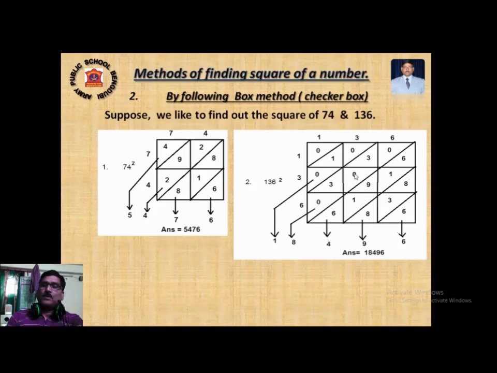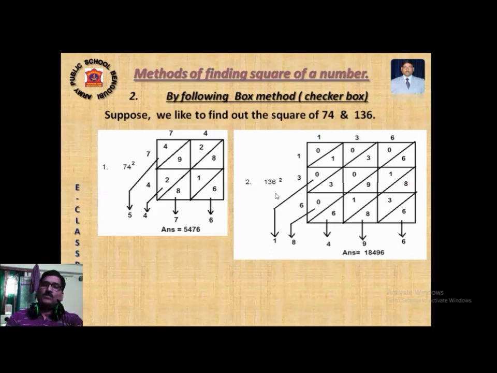Here 2 plus 3 is 5, 5 plus 3 is 8. So here I have written 8, and the sum of this box is 1 only, and nothing else is here. So the result is 18496. This is the square of 136.